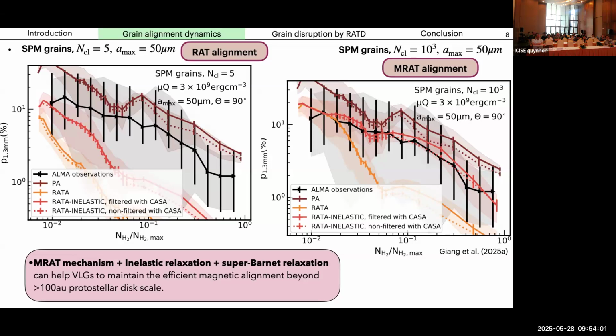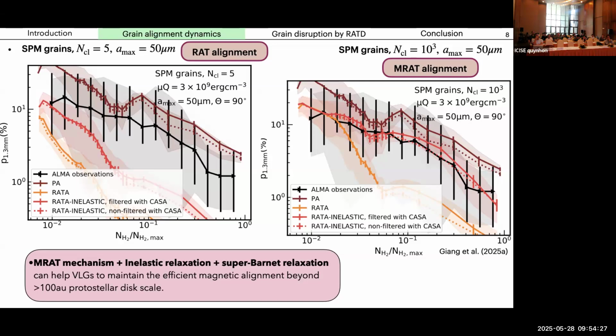But when we move into the inner envelopes of the disk, MRAT and paramagnetic relaxation by themselves cannot reproduce the observation, because micron-sized grains still have slow internal relaxation. In this case, with the help of inelastic relaxation, micron-sized grains and very large grains can have fast internal relaxation, and it increases the alignment degree.